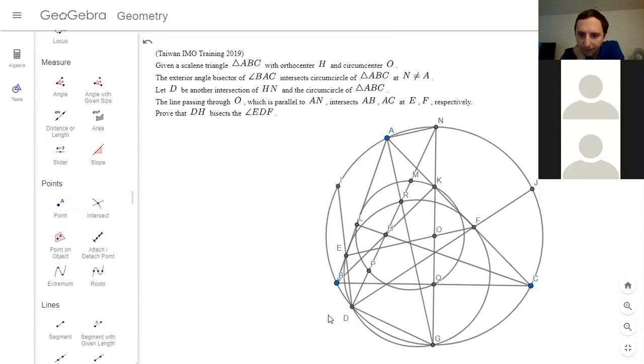It's driving me crazy. There are so many different things. If we show that VDF is 90, that would solve it.